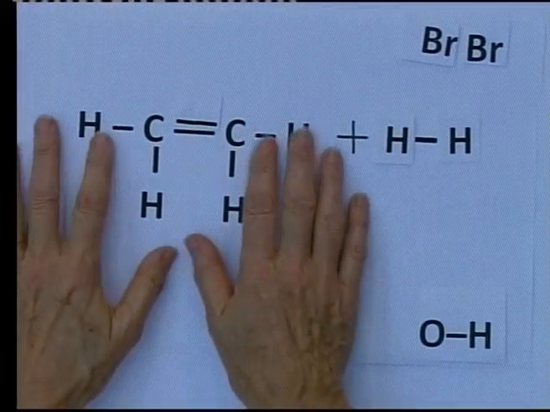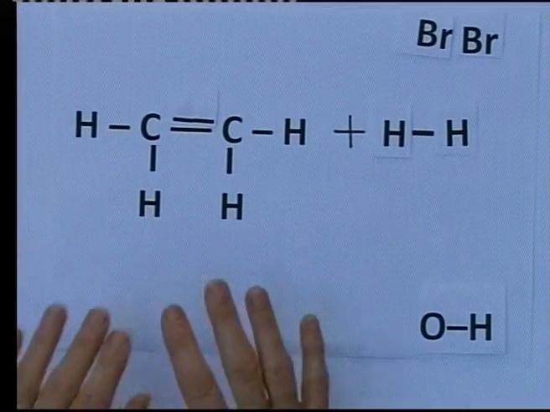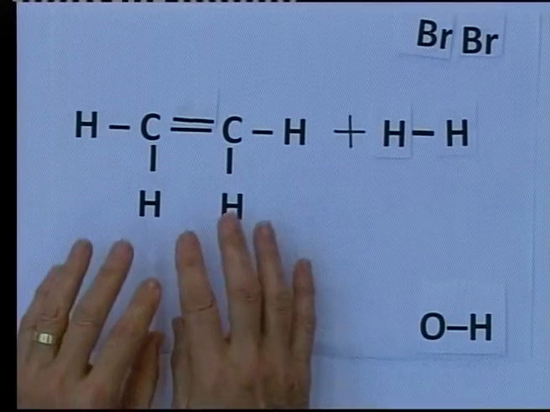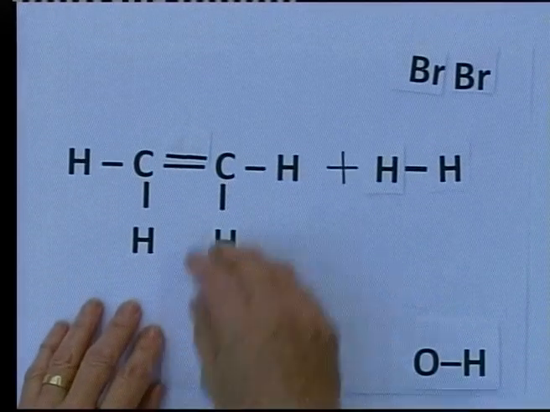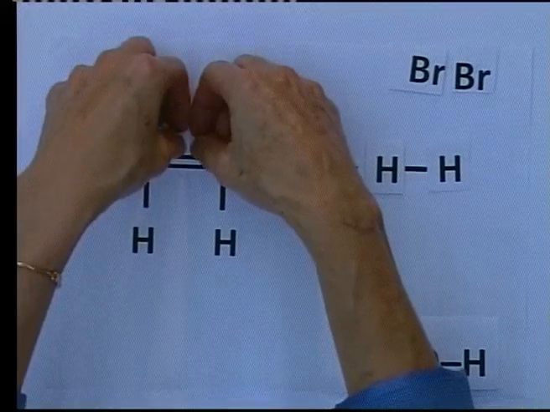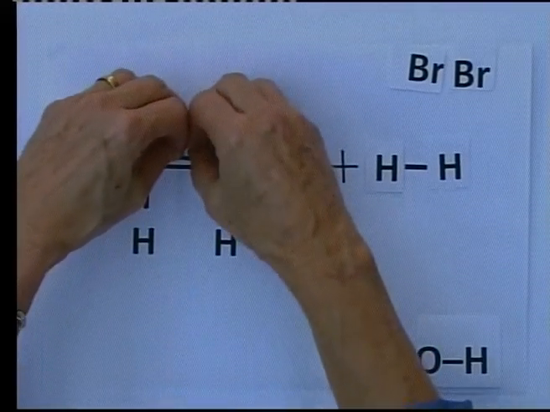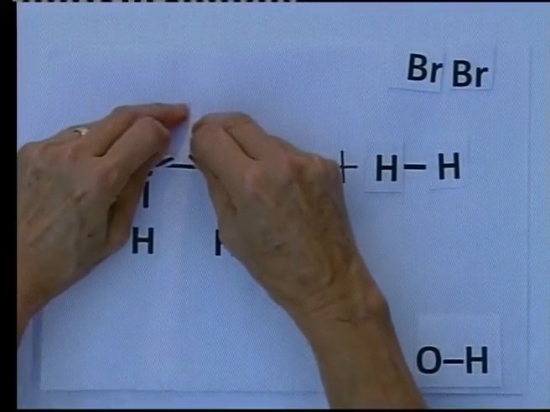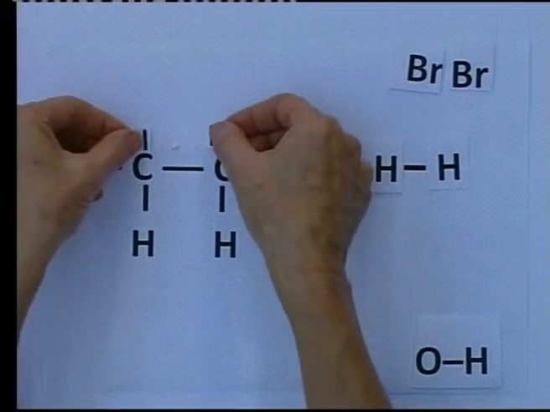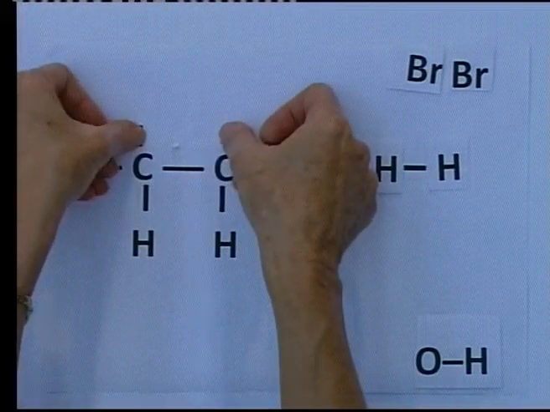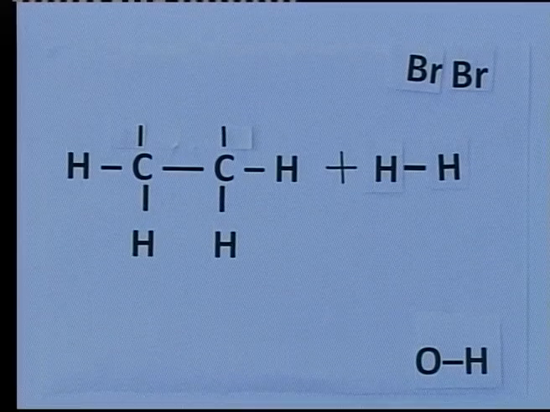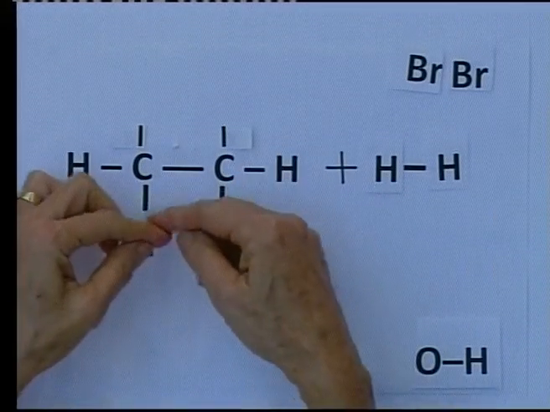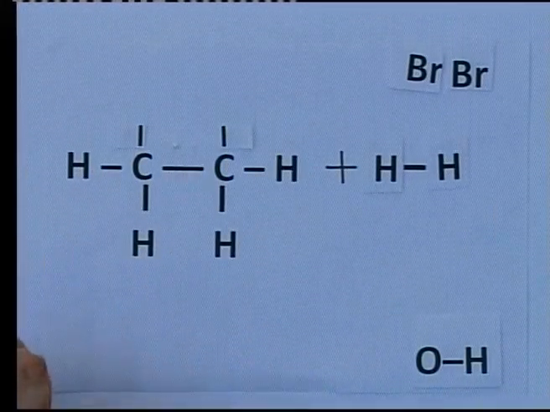So what happens now very easily, a typical reaction that you will get when you deal with the unsaturated hydrocarbons, is that this double bond breaks very easily. It just breaks. Oh, this one is quite tough. And then there, you've got 2 arms available. So the double bond breaks, and there you've got 2 arms available.